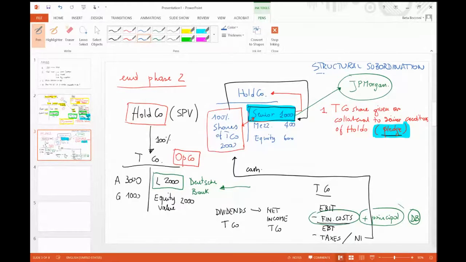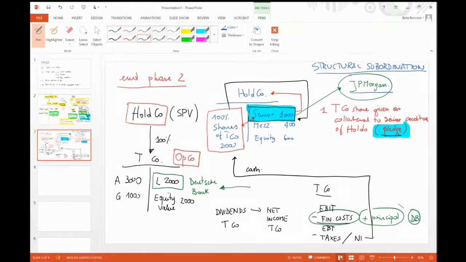So the point is that JP Morgan can't simply accept this situation. JP Morgan is saying, I'm taking a big risk here, and you are telling me that I am subordinated to Deutsche Bank? Simply unacceptable. That's why phase 2 is only the intermediate phase to the third and final phase.